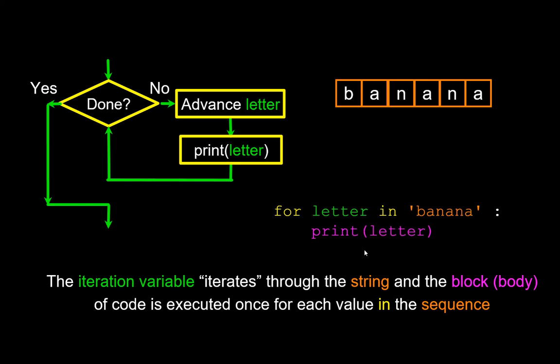Okay, again, just going back to that previous slide, we have a flow chart of what's happening here. So at each iteration, the question that this for is asking is, are we done? If not, we just move to the next letter. So basically we start from index 0, from letter B. We do whatever commands that we have in our for block, and the next iteration we check if we are done with the string.